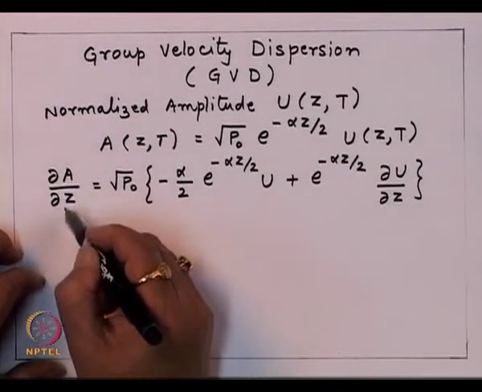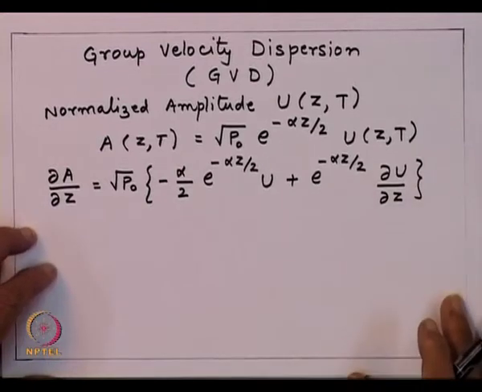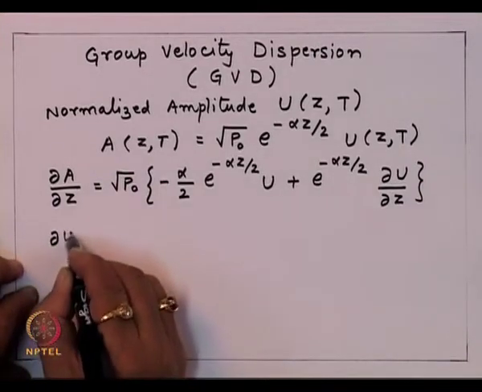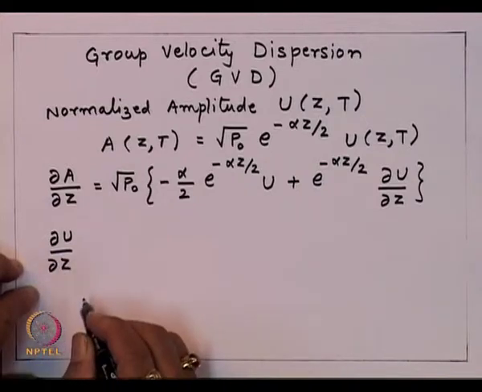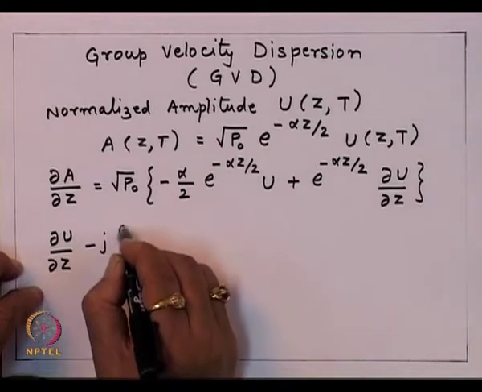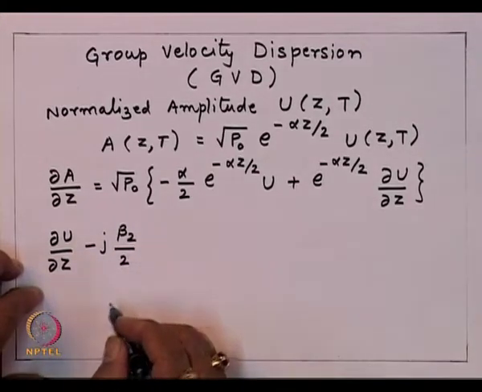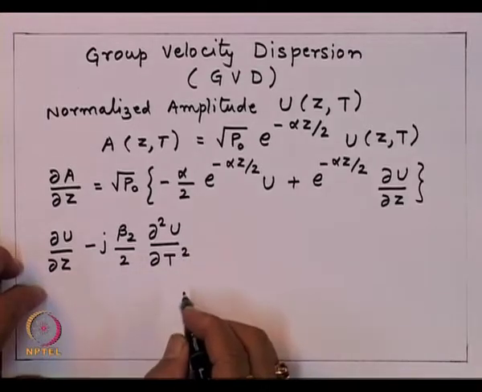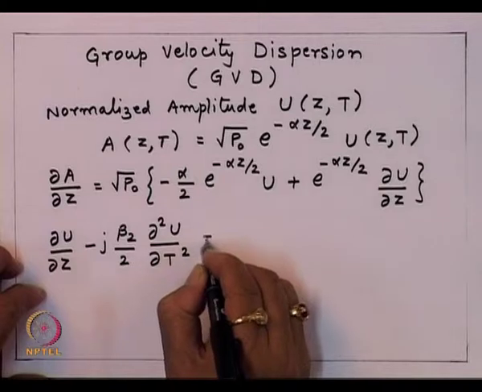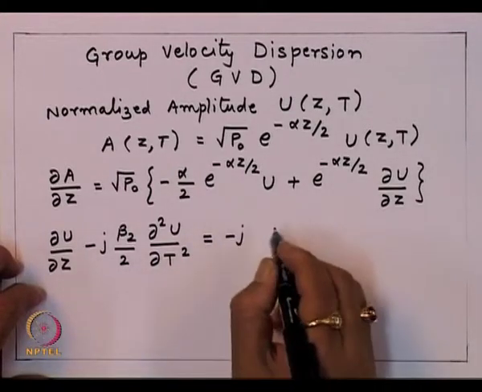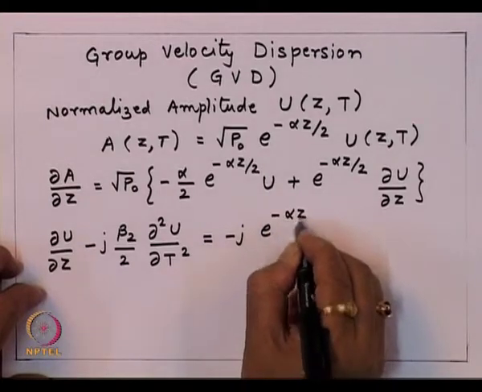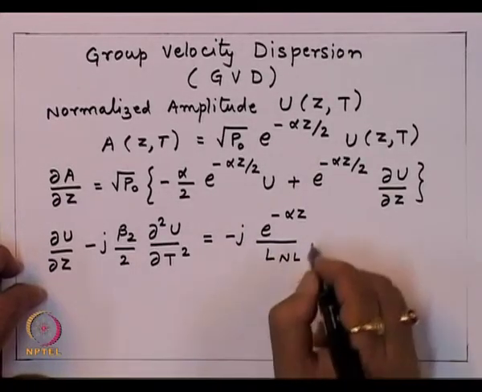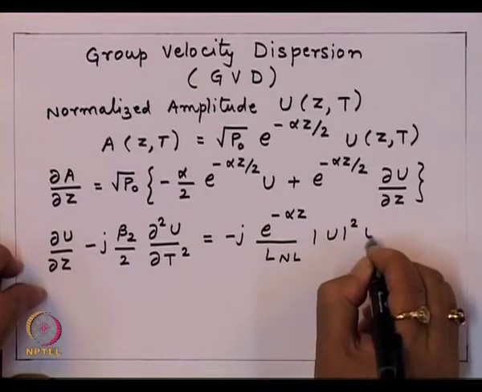So, if I take this dA by dz and substitute into the nonlinear Schrodinger equation, then we get the equation as du by dz minus j beta 2 by 2 d2u by dt square is equal to minus j e to the power minus alpha z divided by L_NL mod u square times u.